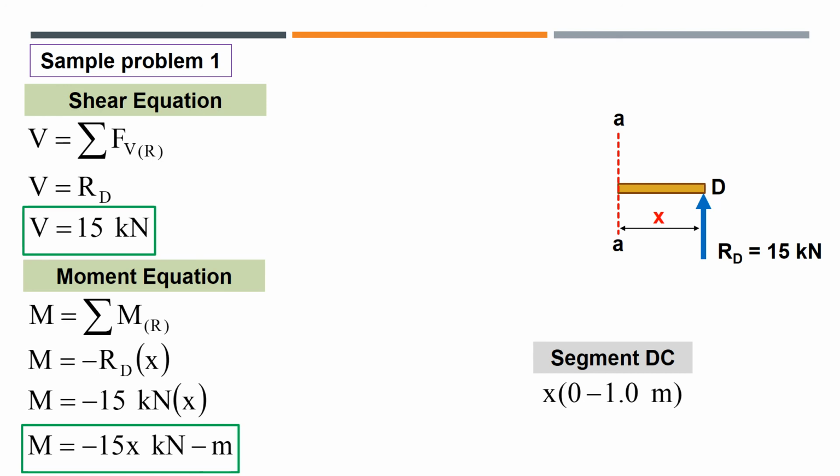So this is the same equation as using the left side of the cutting plane, but it is positive. So it only shows that whether you use the left or the right side, we will get the same values, but they have opposite signs.